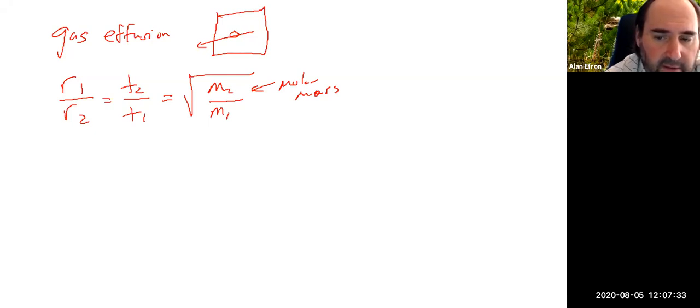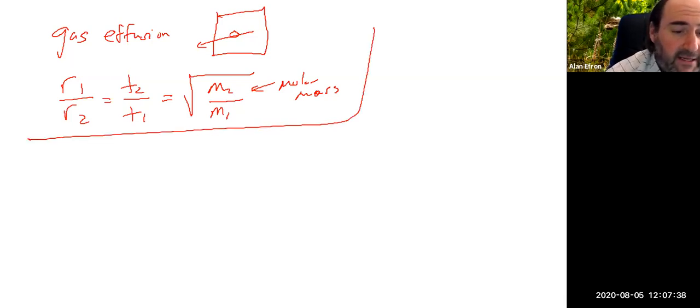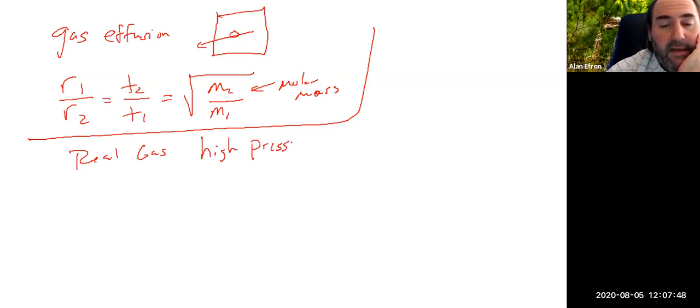And then what we really talked about was the idea of not an ideal gas, but what is referred to as a real gas. A real gas occurs at really high pressures and low temperatures.